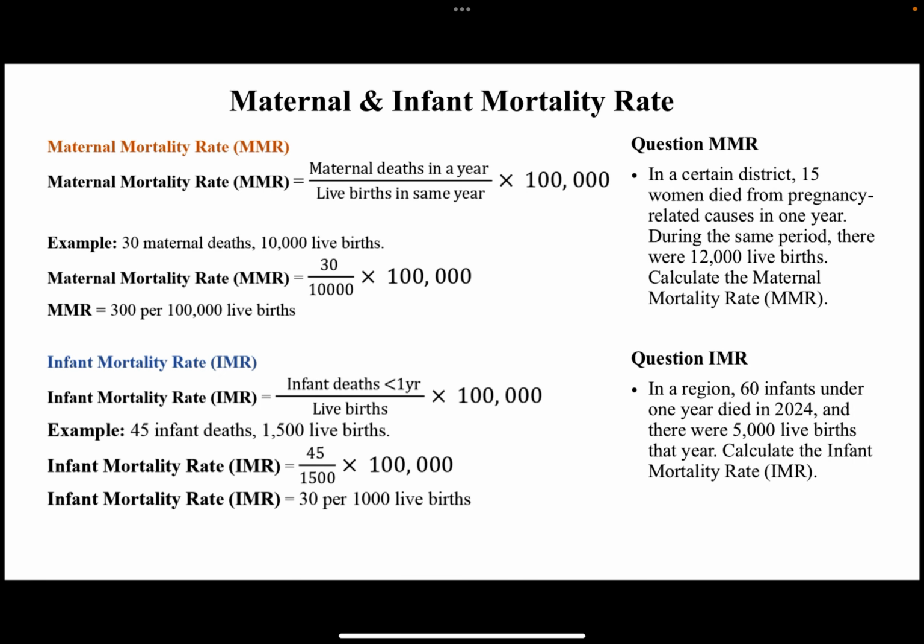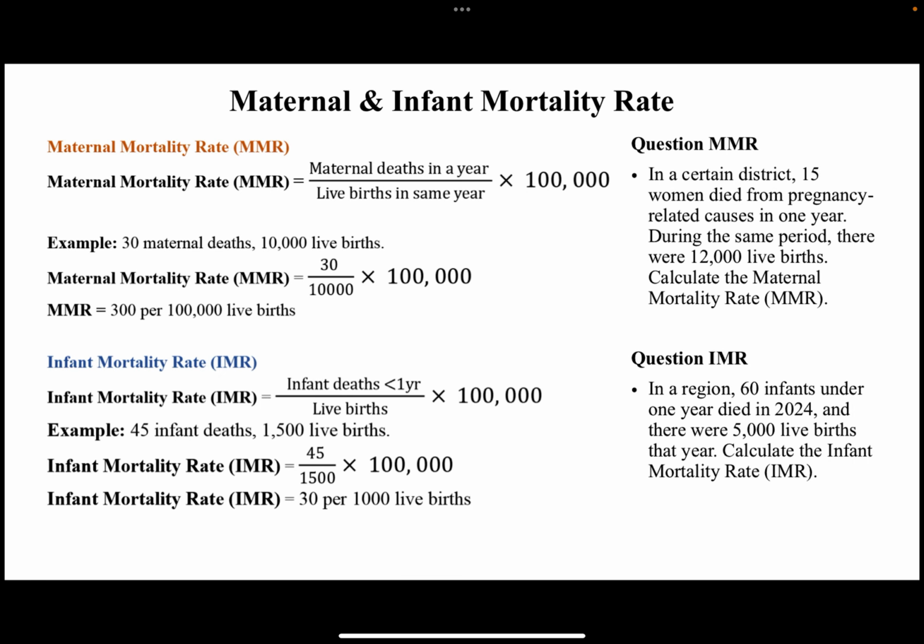Now, infant mortality rate. The formula for calculating infant mortality rate is infant deaths, so we are looking at less than 1 year, over live births, then you multiply by 100,000. Let's do our first example. 45 infant deaths and 1,500 live births.